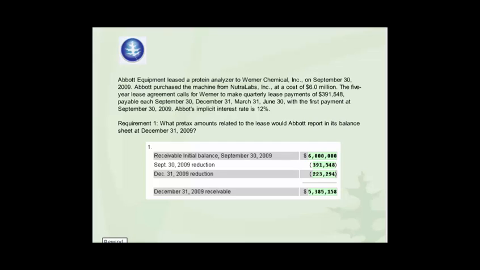And on December 31st, we had a further reduction of $223,294, bringing the December 31st, 2009 receivable balance to $5,385,158. On the next slide, we'll show how we derived these numbers and what journal entries were involved.